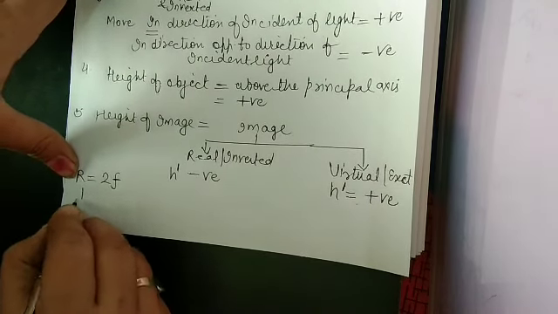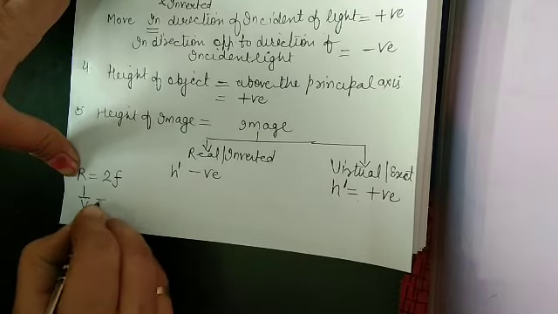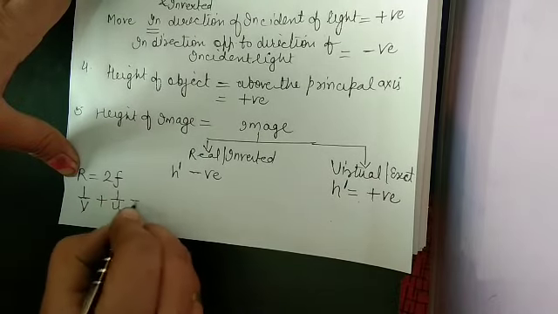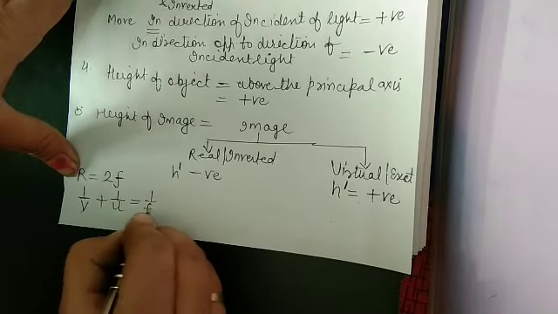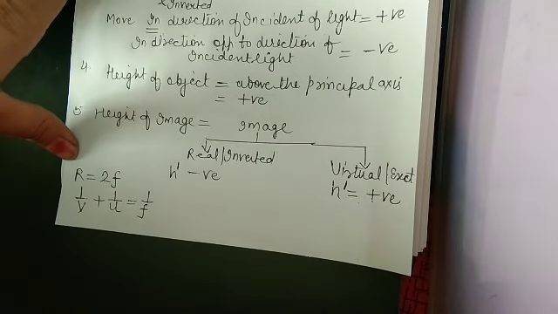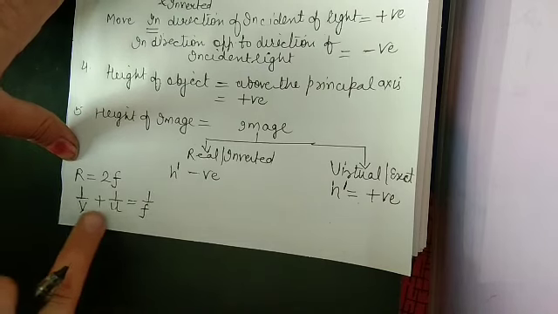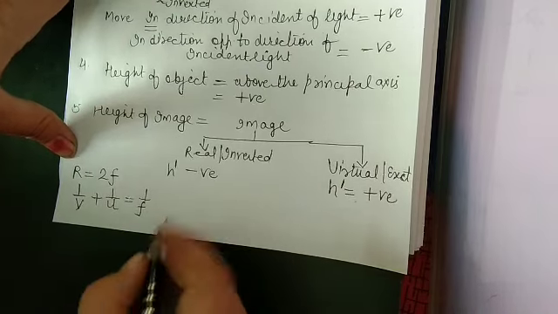Second one, mirror formula: 1 by V plus 1 by U equal to 1 by F. In the mirror formula, add V and U. Why I am giving this statement? It will be clear to you when you will learn about lenses. Okay. Next.